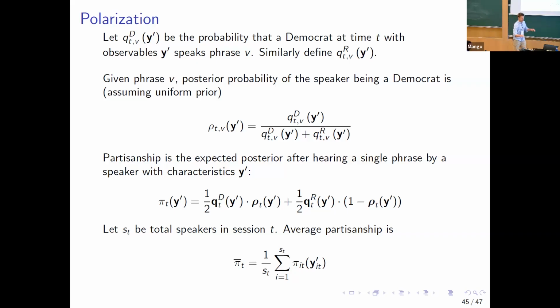So what's the intuition here? Let's imagine that there's perfect segregation, so Republicans are the only ones that use "war on terror." The posterior belief you would attach to your being a Democrat after seeing "war on terror" would be 0. There's a 0 chance that you're a Democrat. So when you get to the "war on terror" term in this computation, none of the weight would be on that part of the expected posterior. All of the weight would be on the other part, and the thing would have moved a lot.